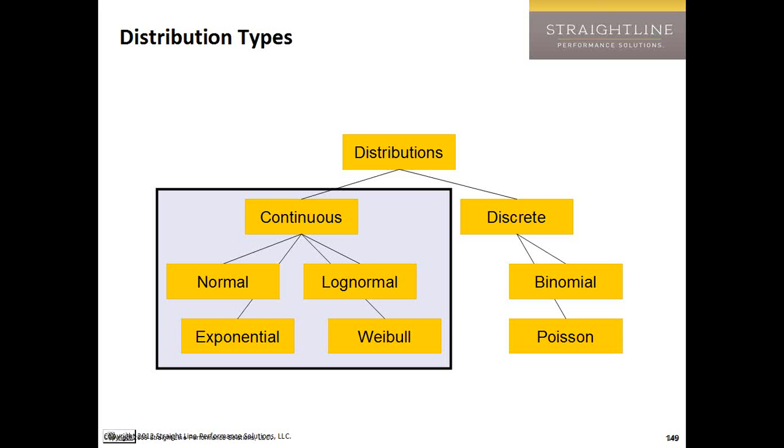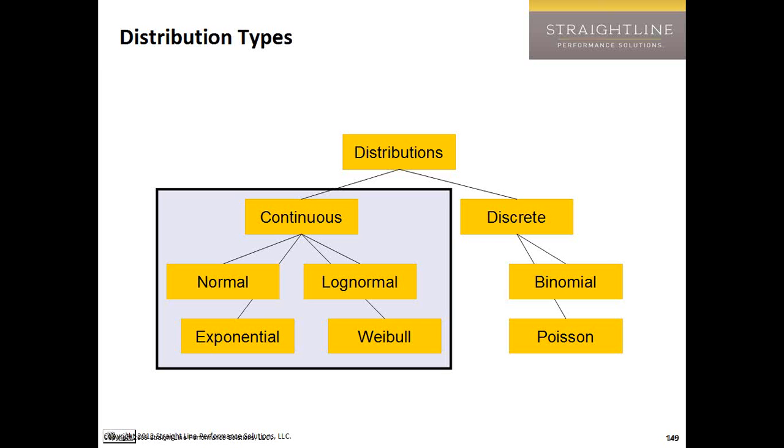So if you take the log of the data values, you get something that looks very normal. The exponential distribution and the Weibull distribution. Okay, so we'll cover those. Discretes are a little bit different, and we'll cover those too. But let's start out with the continuous ones, and I think you'll see that once you get one of them, they all work exactly the same way. All of them do. They're all exactly the same, which is cool.